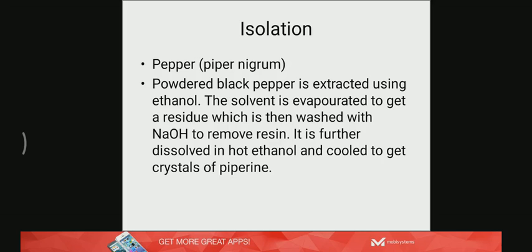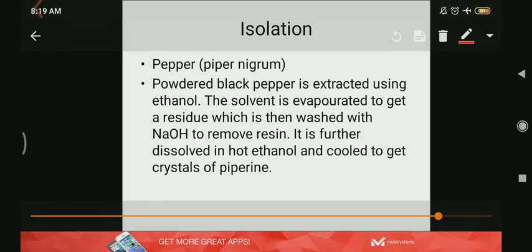And this residue will contain some polymeric resins, unwanted resins. It is removed by washing with NaOH. Okay, and it is again dissolved in hot ethanol so that you get a saturated solution, and slow cooling will result in crystallization of piperine. So piperine is obtained by this isolation method.